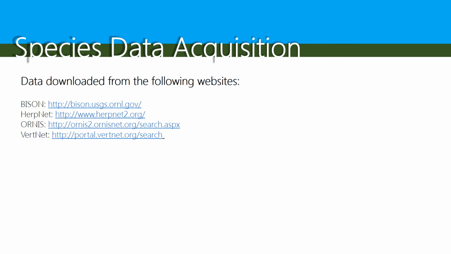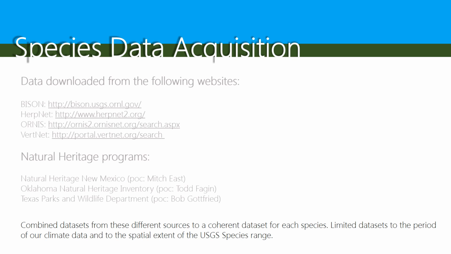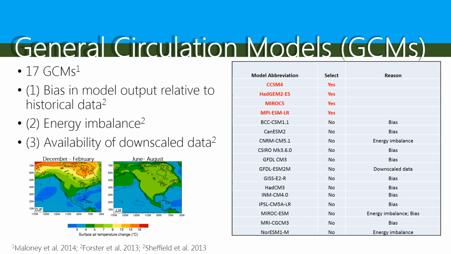Our datasets came from these sources online: the Bison, the HerpNet, the ORNIS, and the VertNet, as well as from the natural heritage programs of New Mexico, Oklahoma, and Texas. We combined all these datasets from the different sources into a coherent dataset for each species, and we limited the datasets to the period of our climate data and to the spatial extent of the USGS species range.